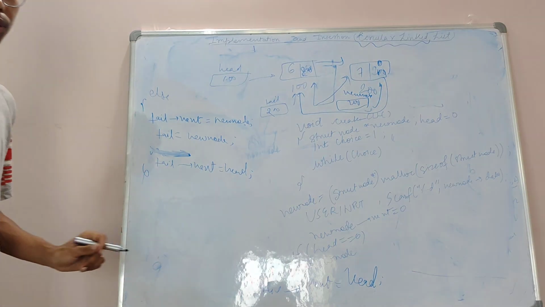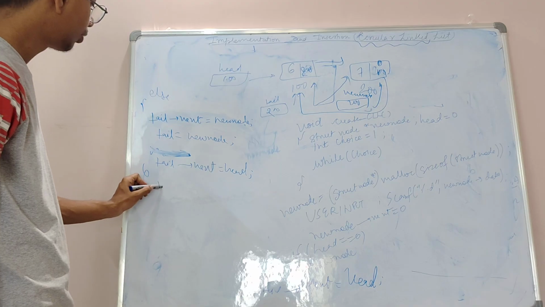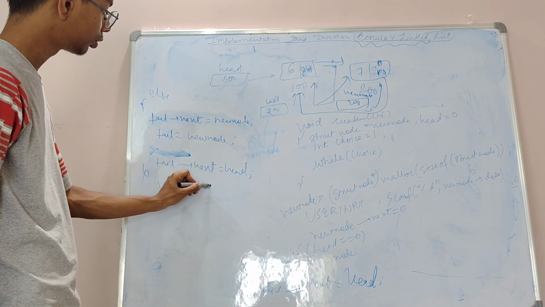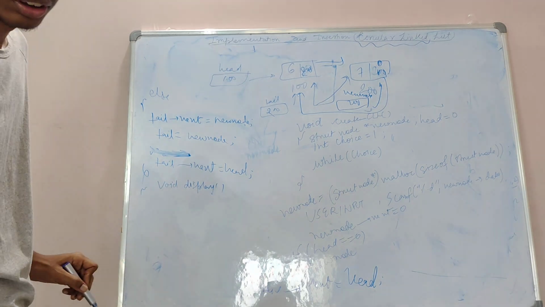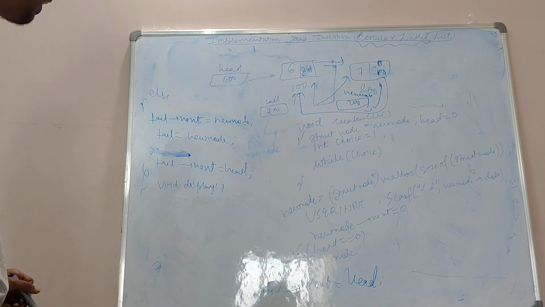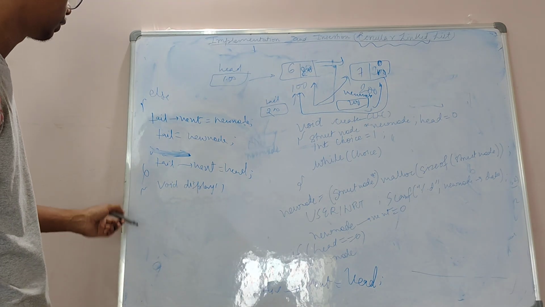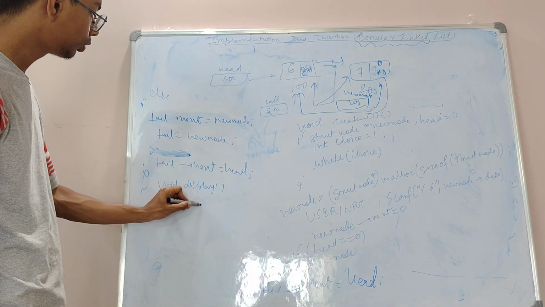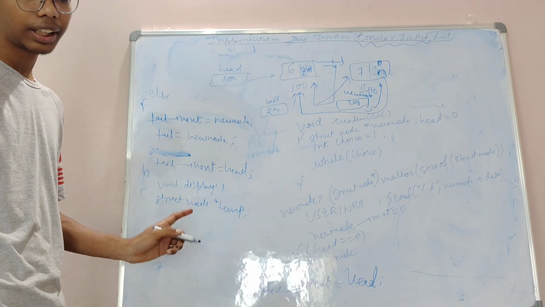Now, to display all this, I will create a function void display. Suppose I initialize another variable called temp, a struct node pointer temp, for printing the values.